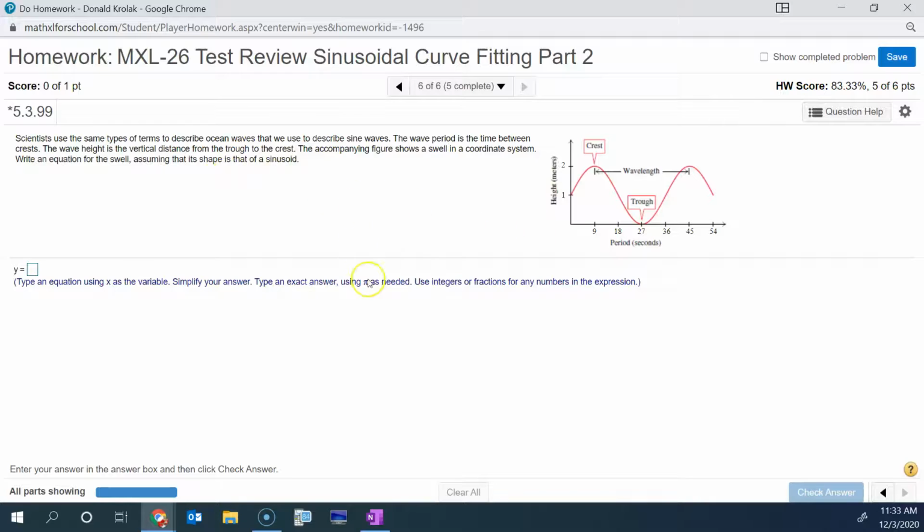Okay. Now this last one, you have to type in a kind of funky way. So we want to write our equation here.